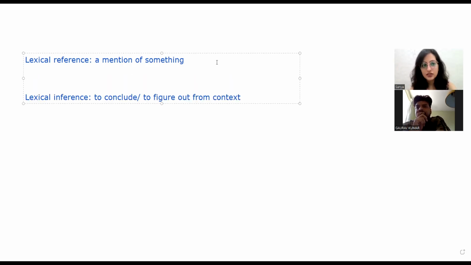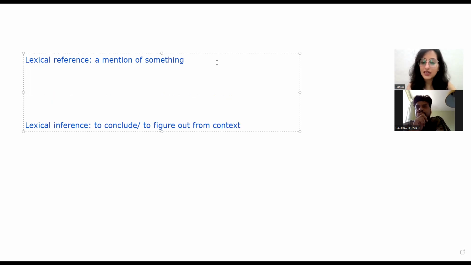Okay. Now there is a difference between both of them. Lexical reference questions can be of two types. As you said, they can ask in the question, what does this in paragraph 2 refer to?